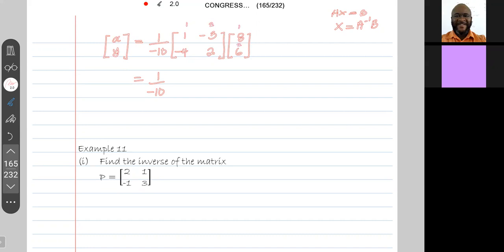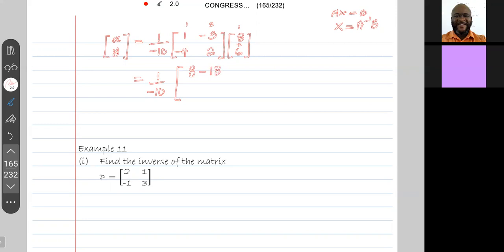We're going to multiply the top row by the column. So it's minus 1 times 8 is minus 8. And minus 3 times 6 is minus 18.